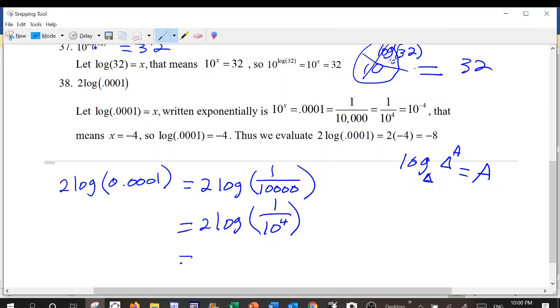And now we can write that as 10 to negative 4, because if we bring it up, it becomes negative. Now this is easy. It would be 2 times whatever this is, and this is negative 4. So the answer is negative 8, right? All right, so that's number 38.